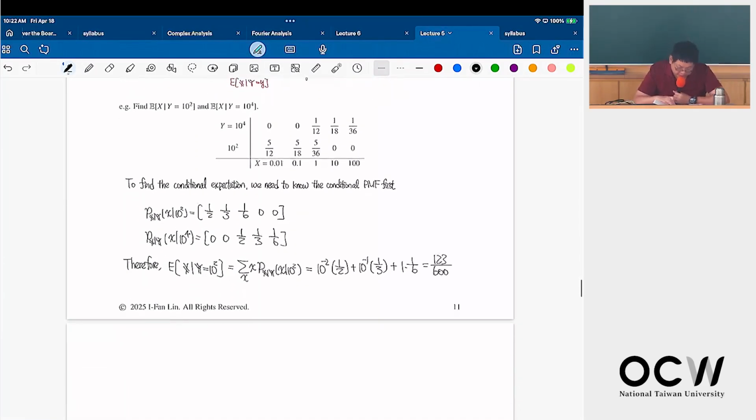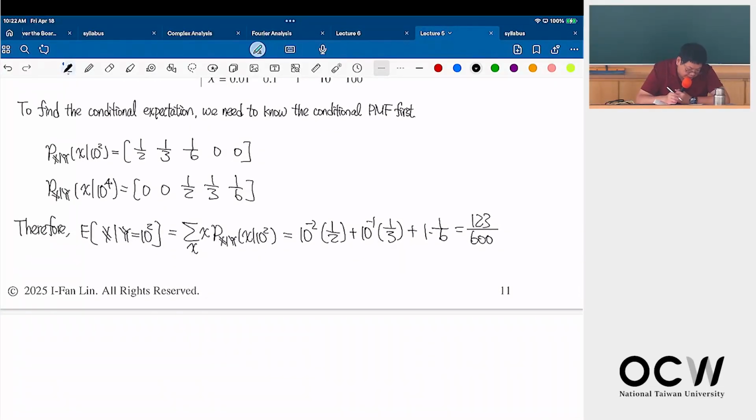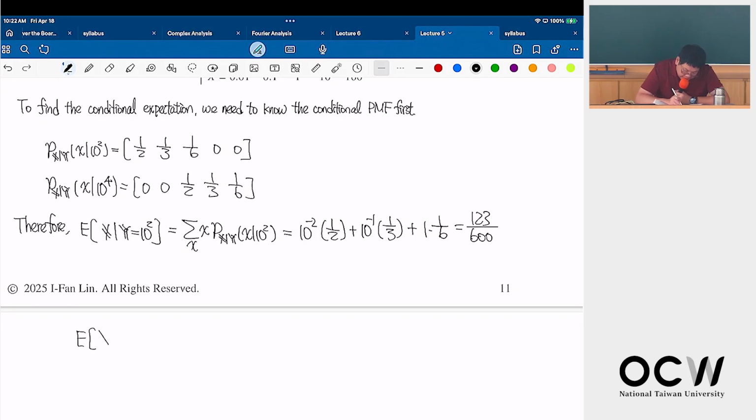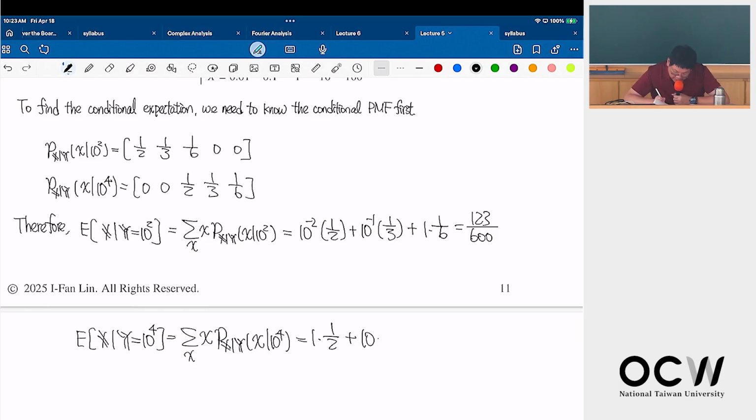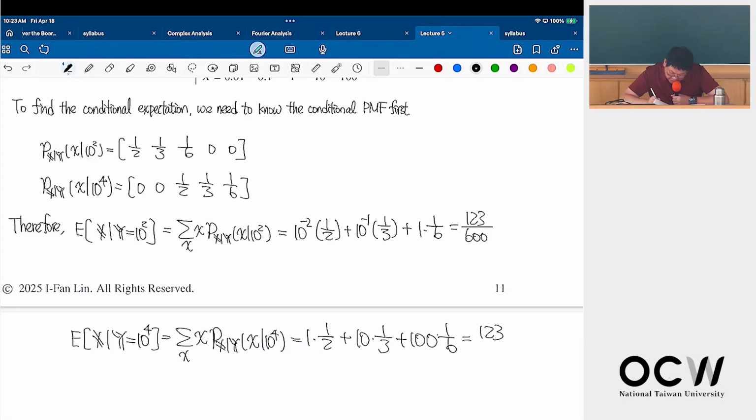Similarly, for the conditional expectation given y equals 10,000, consider all possible outcomes times their weightings. You have 1 times 1/2, 10 times 1/3, and 100 times 1/6. Then you have 123 divided by 6.